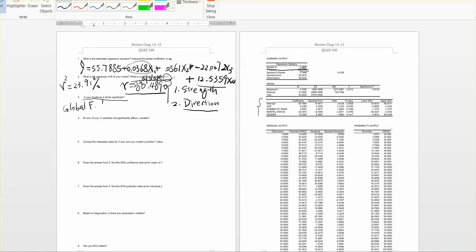So the first step is the hypothesis H0. In this case, we have B1, B2, B3, and B4. So the H0 is B1 equal to B2 equal to B3 equal to B4 equal to 0. And the H alternative is one or more betas not equal to 0.